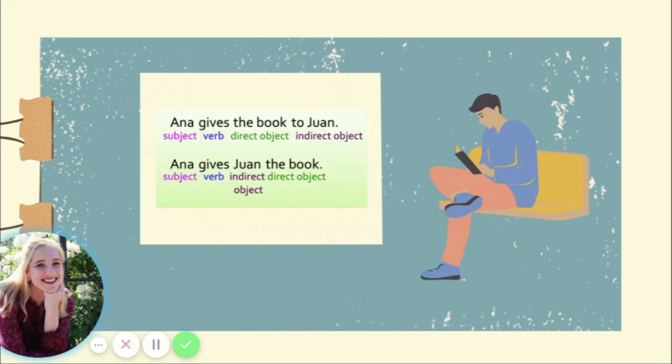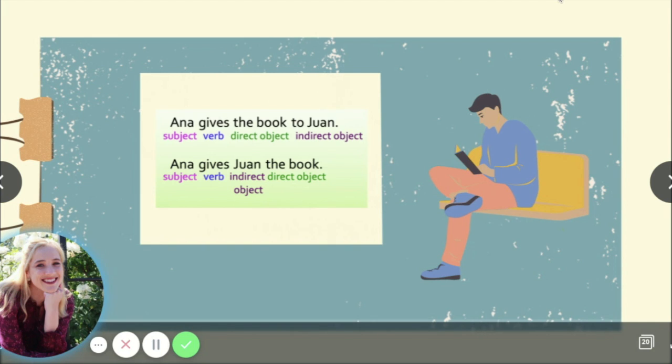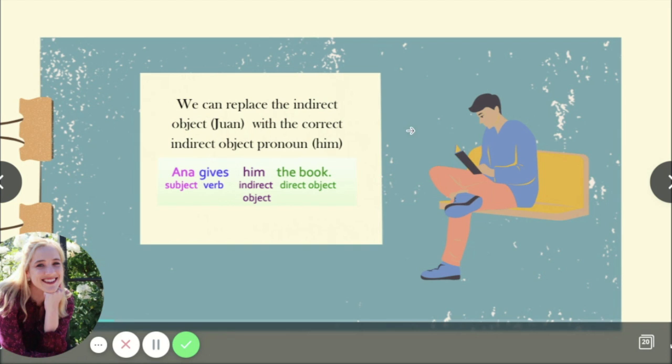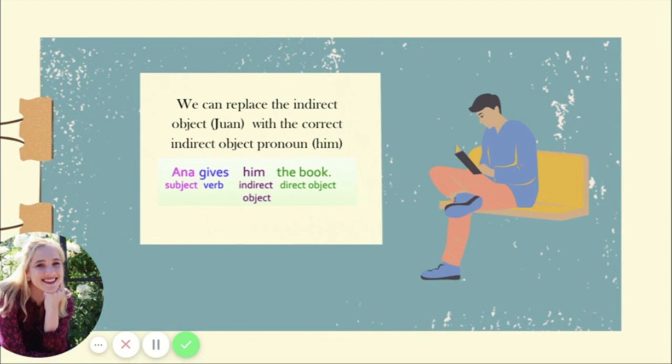In English, we can switch the order of the indirect and direct object. So we can also say Anna gives Juan the book. I think we probably say it that way a little bit more. But it looks pretty similar in Spanish. So we can also replace the indirect object, Juan, with the correct indirect object pronoun, which would be him.